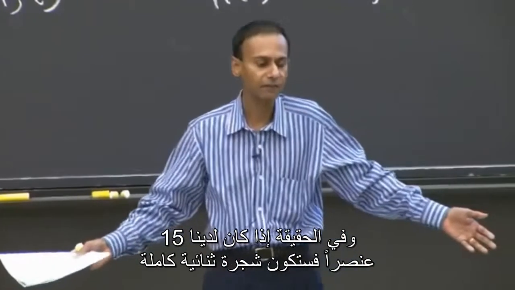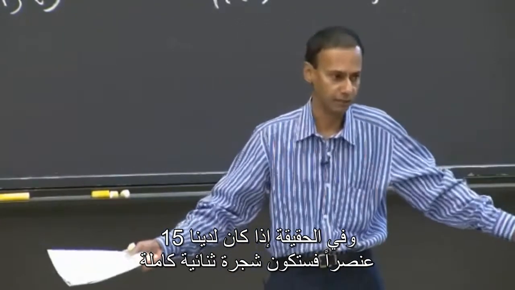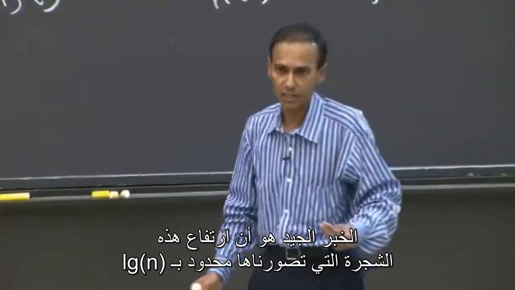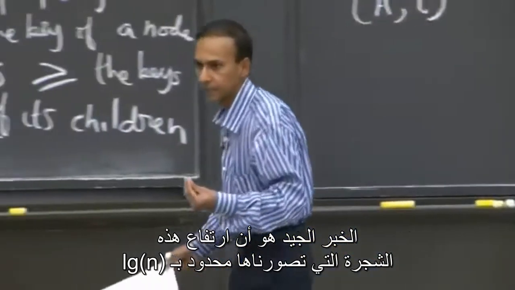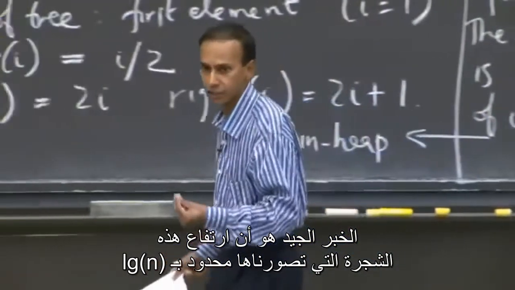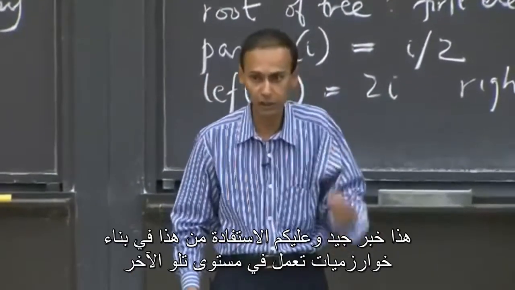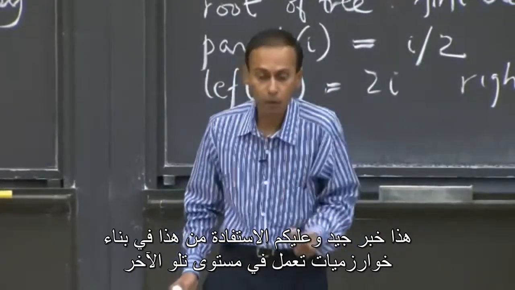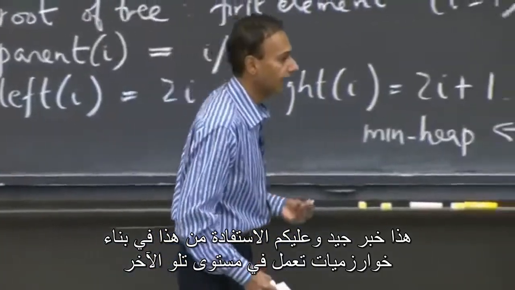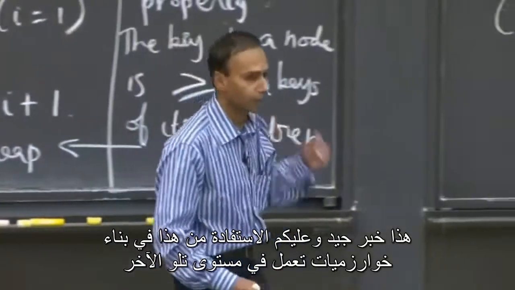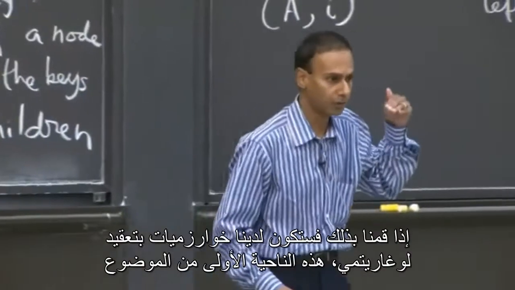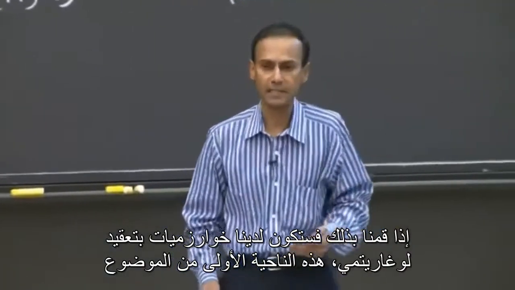In fact, if you had 15 elements, it'd be a perfect binary tree. So the good news is that the height of this visualization tree is bounded by log n. And you want to exploit that good news by creating algorithms that go level by level. If you can do that, you're going to have logarithmic complexity algorithms.